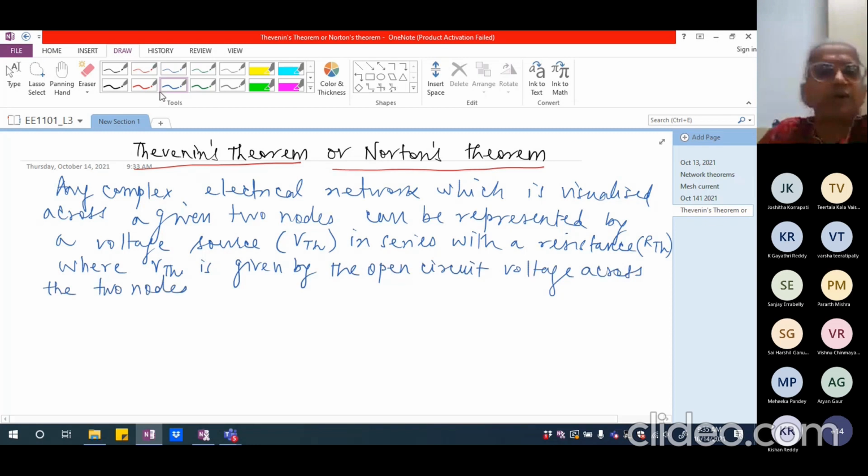So we are talking about visualized across a given two nodes. I'm talking about the same two nodes here.